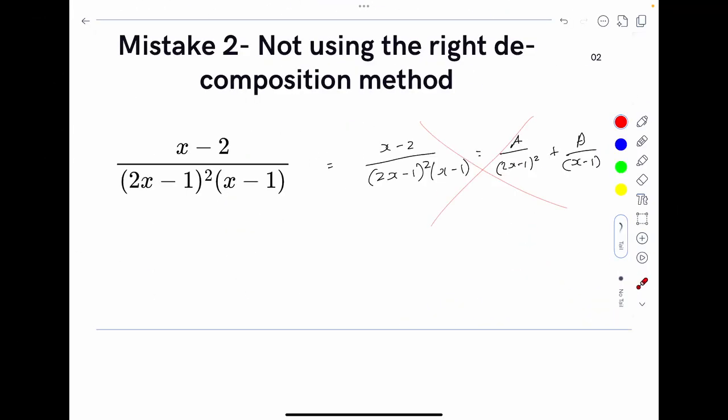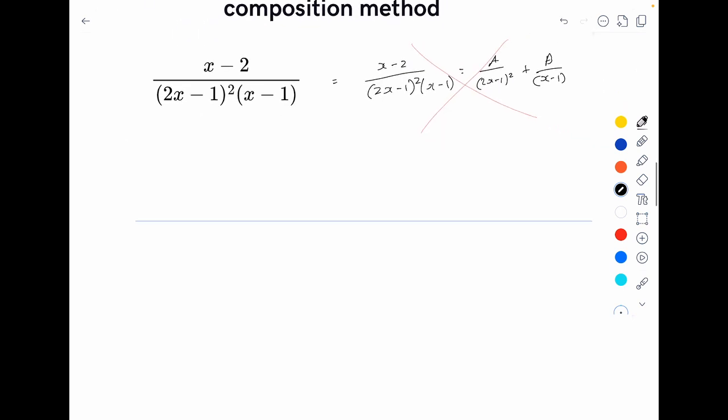What about this mistake? How would we do it here? Well, in this instance we'd say this. Well, remember, what do we see? n equals 2. So we are repeating, so x minus 2 over 2x minus 1 squared, x minus 1 is equal to x minus 2.